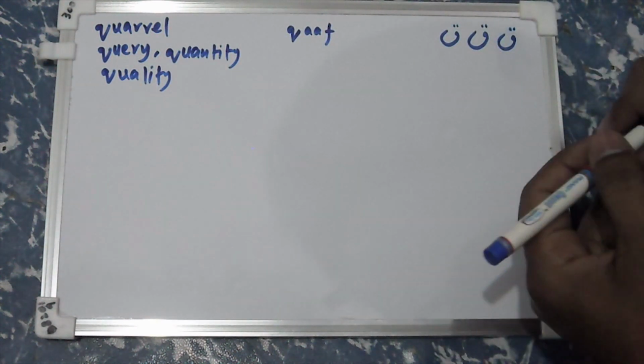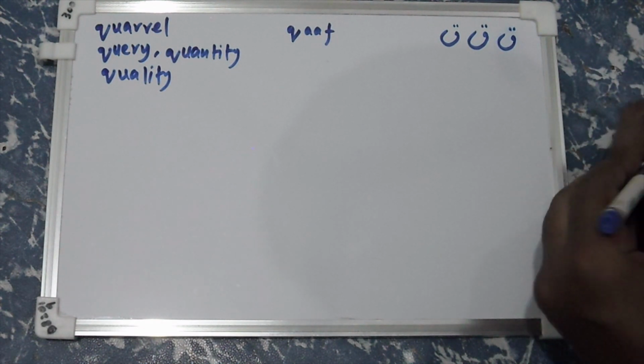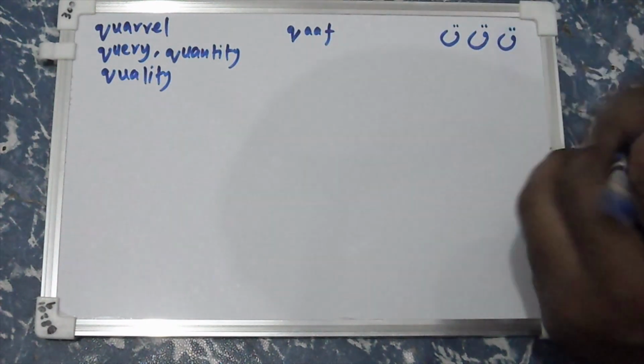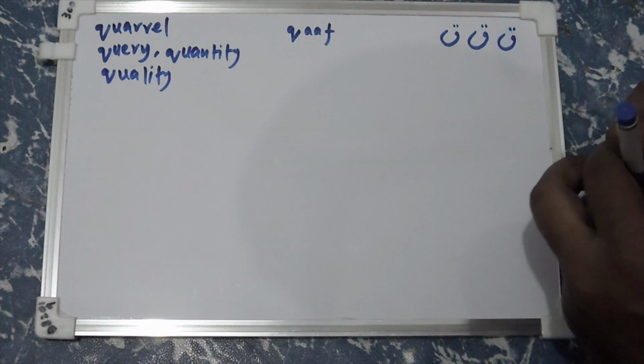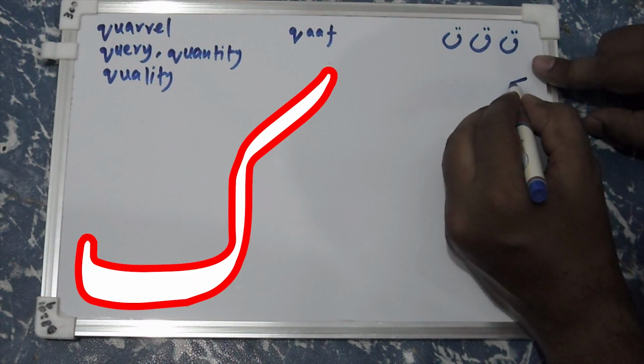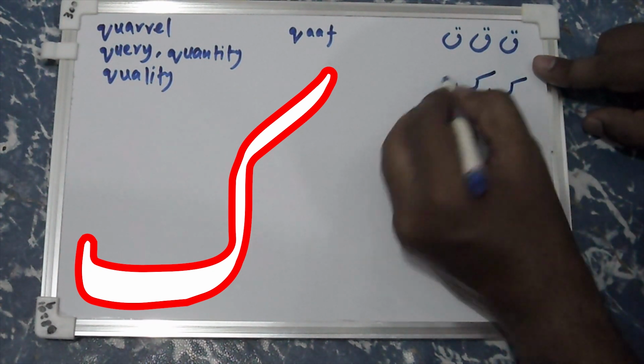So these are a few words which contain the sound of Kaf in English. There would be a longer list of words, but I am just writing a few. And the next alphabet after Kaf is Kaf.